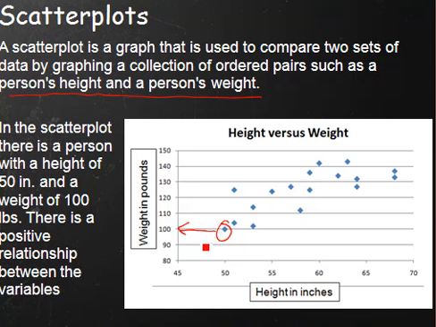We could create a line of best fit to predict this positive relationship between height and weight. For example, if we wanted to know a 60-inch person, how much they weighed, we could use that line to say they weigh about 125 pounds.